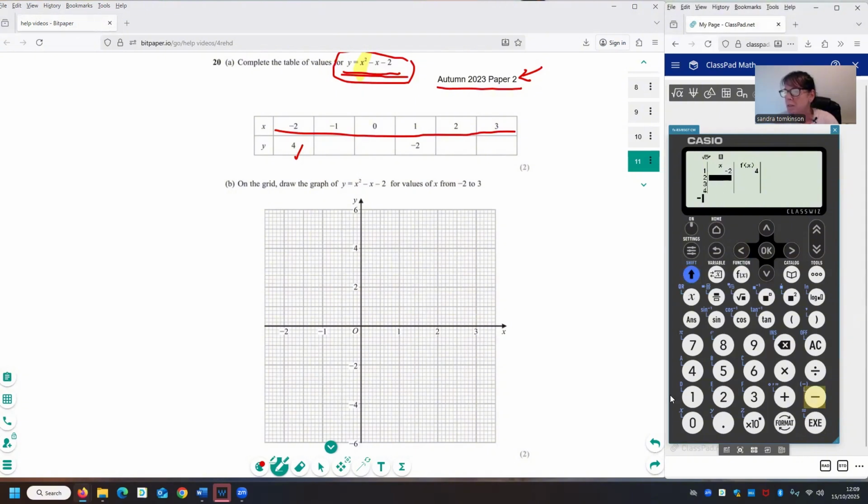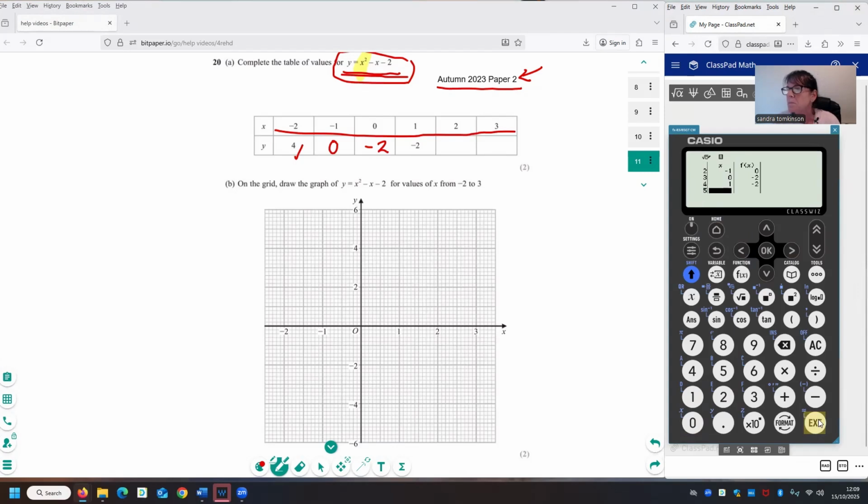So I've now got minus 1, press the X button, and it's given me the answer of 0. So we have 0 in there. Now the next one is 0. I type in 0, press the X button, and it tells me the answer there is minus 2. I'm going to do 1 anyway. You don't need to, obviously, if you're copying out like this.